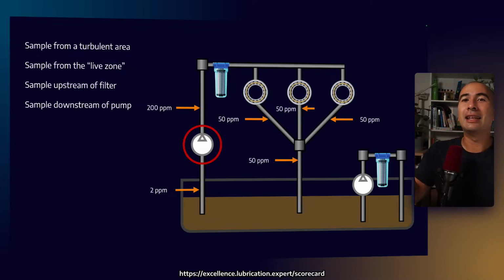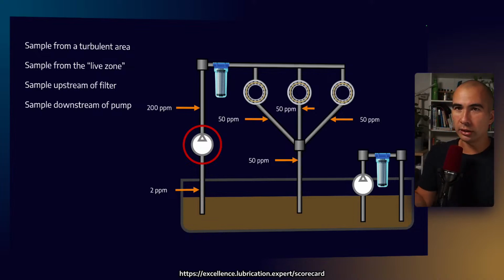In, let's say, for example, a circulating system, which I have here, the amount of wear materials may differ depending on where I sample from. Generally, the primary sampling point is going to be after the pump and before the filter. The reason for that is because the filter is going to capture a bunch of those wear materials.